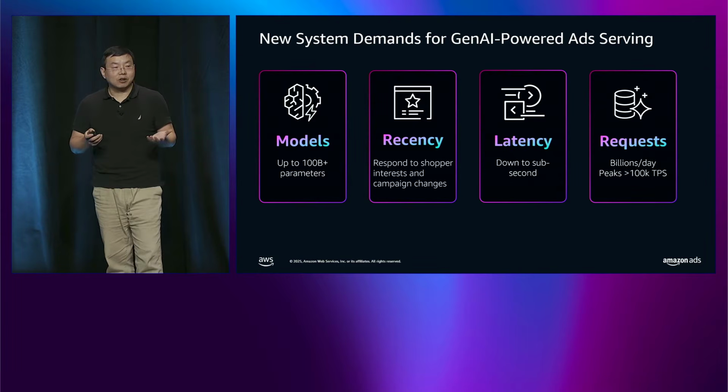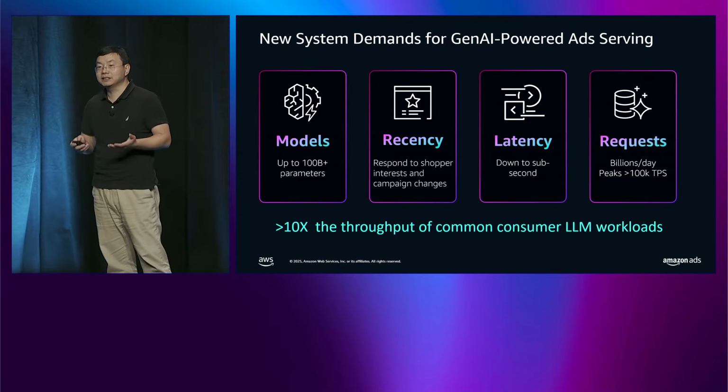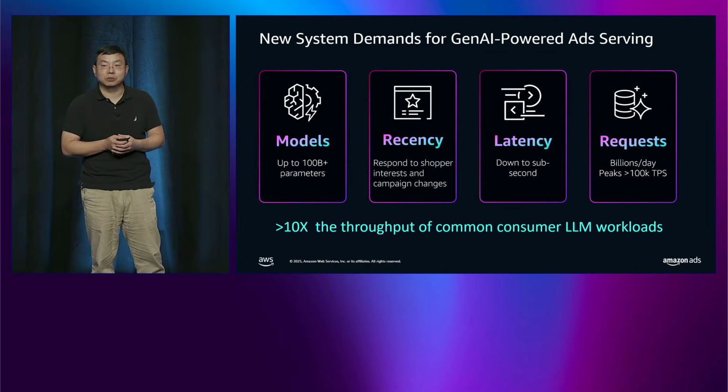With many use cases of LLMs in place, this workload can translate to something that is 10x bigger than the common consumer language models we are using today. With that, I'm going to introduce Bola to the stage to talk about how we built the solution and the lessons we have learned so far. Bola.